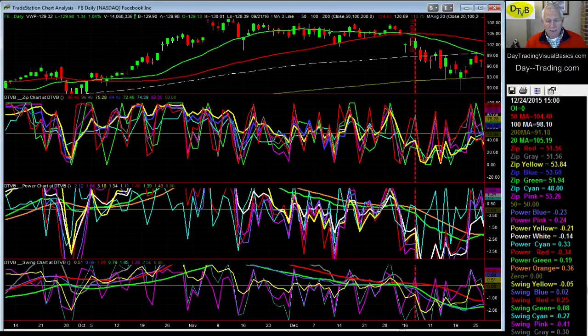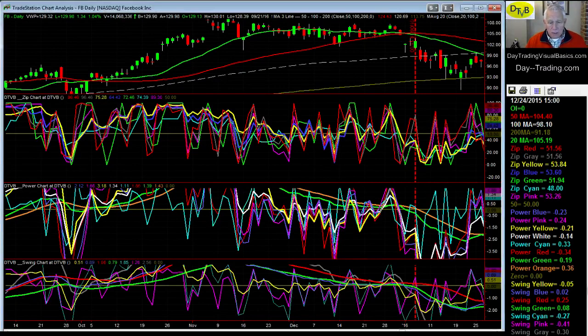And that is exactly the case that we have here. And there's more to it than that on the zip chart, because none of your other lines are over 50. And so that is real indicative of a continuation of a downtrend, or at least in that realm of possibility.